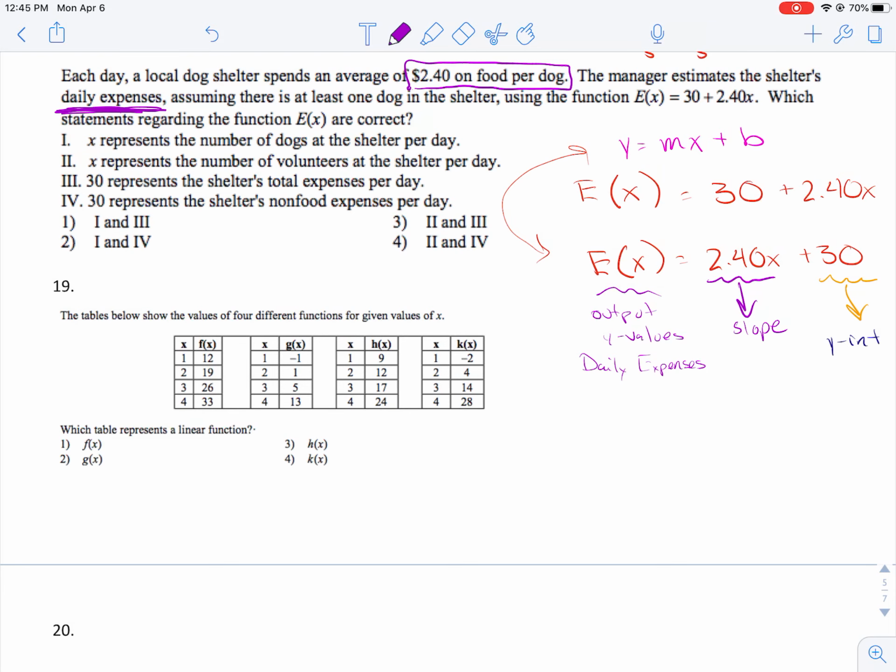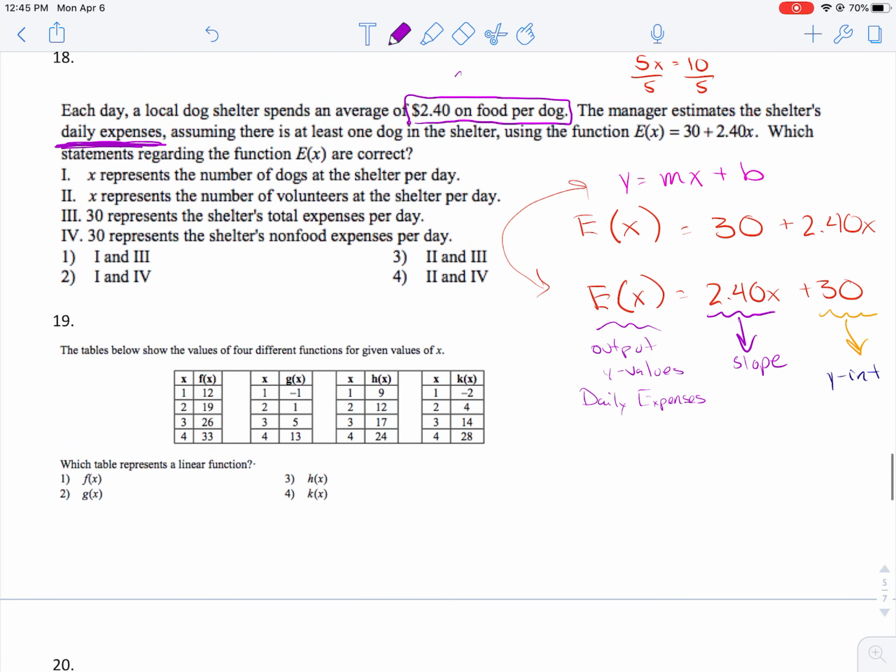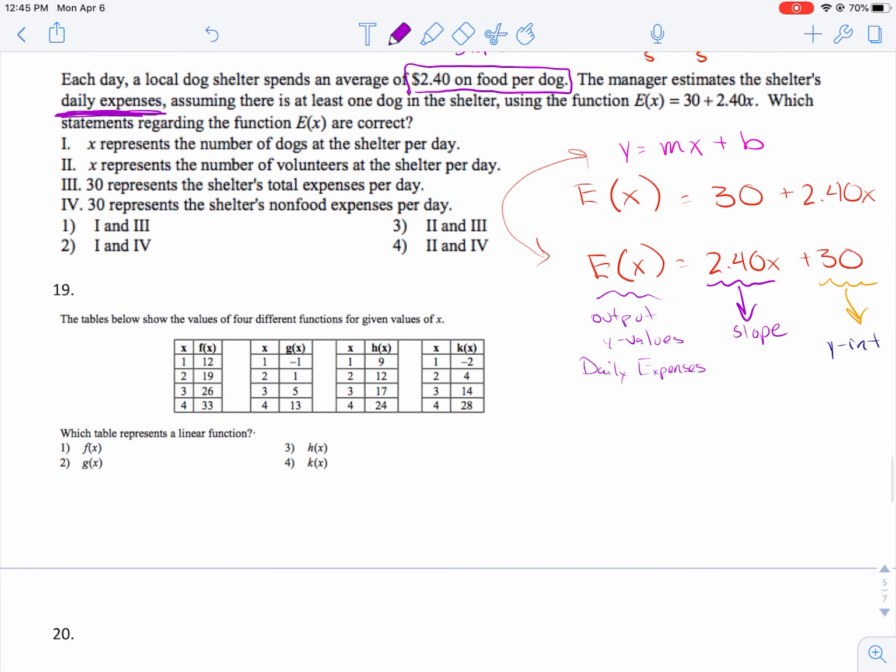All right. Assuming that there's at least one dog in the shelter using this function. So the x then, all right, let's read up here. The average is $2.40 on food per dog. Okay, see this per here, right? This is our slope. So per dog. So what that means is $2.40 per dog. So our x values are our input.